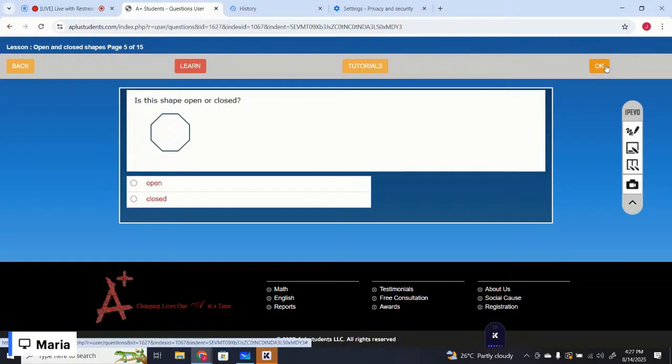Is this shape open or closed? That is a closed shape.